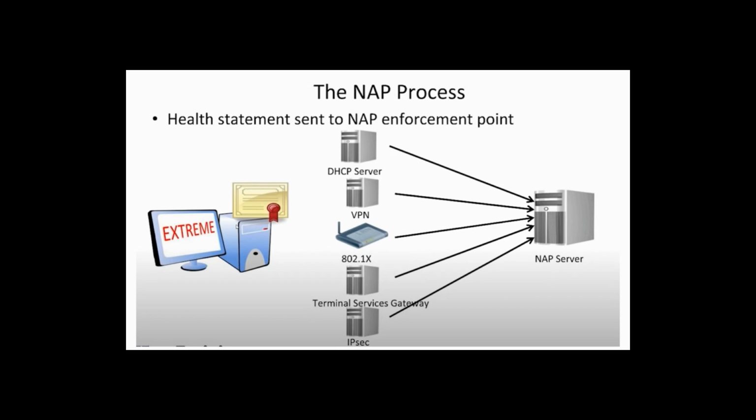One of these NAP enforcement points is the DHCP server. I guess most of you know what a DHCP server means. So if anybody can answer this and let us know what DHCP is. So a DHCP server is the main server. In each network, we do have a server that is responsible for distributing the identity of each host.